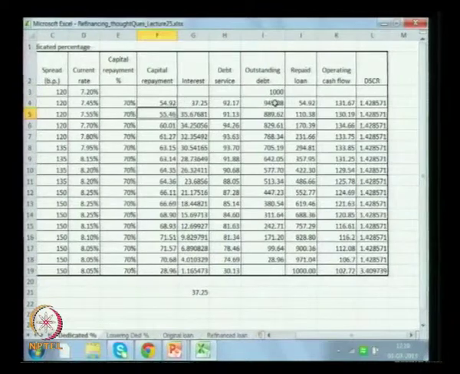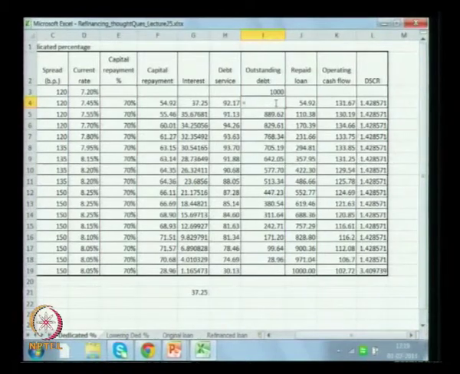Let me illustrate again for quarter 1, installment 1. This is nothing but your outstanding debt of 1000 subtracted by your capital repayment, and this gives you the outstanding debt at the end of installment 1, or at the end of 6 months. So this is 945.08.